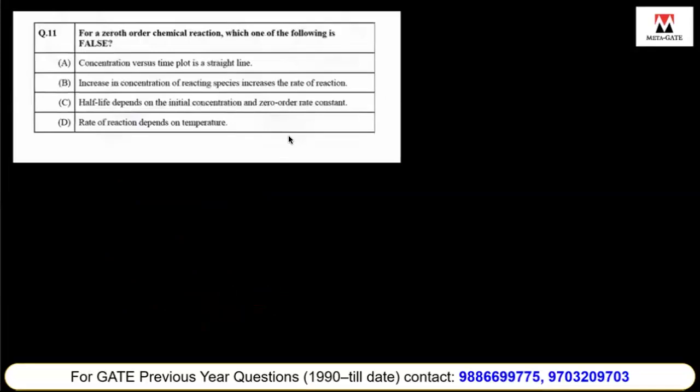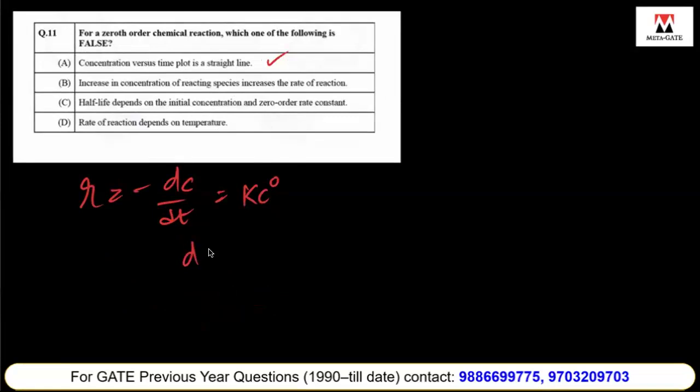For the zeroth order reaction, which one of the following is false? The concentration versus time plot is a straight line. This is true because the rate R is equal to minus dC by dt, which is equal to k C^0.